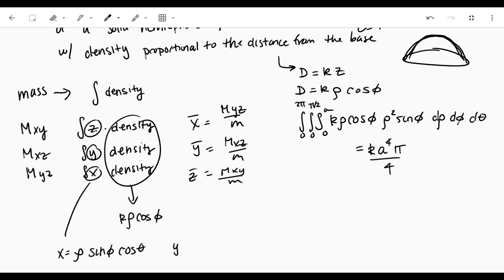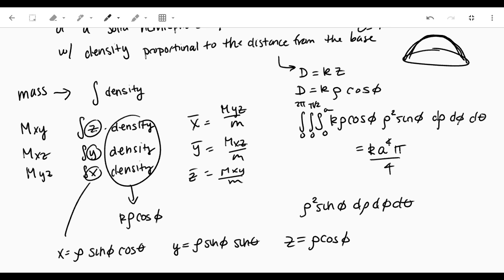Y is rho sine phi sine theta. And z is rho cosine phi. And then just make sure you don't forget your rho squared sine phi, d rho, d phi, d theta when you do your integrals. The bounds will be the same.